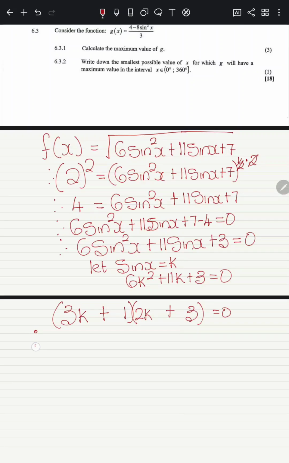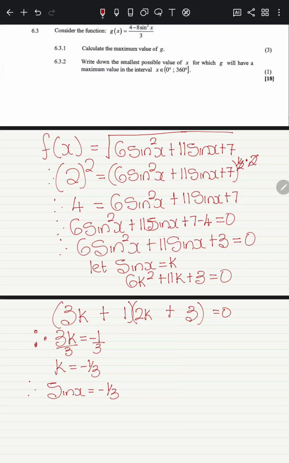Therefore, this is 3k, which is equal to negative 1. Then I can divide by 3. Therefore, k is equal to negative 1 over 3. Remember, I'm not looking for k. So what was my k? My k was very simple: sine x is equal to negative 1 over 3.